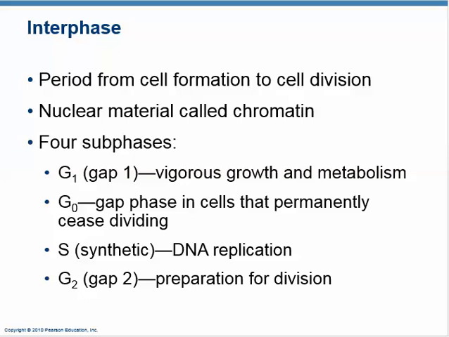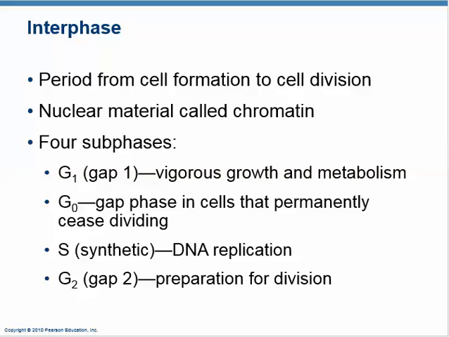So the DNA that's contained on the chromatin makes copies of itself. As far as the cellular activities are going, they are virtually uninterrupted. So S starts with the beginning of DNA replication, and S ends with the ending of DNA replication. Once all the DNA is replicated, then S is over.